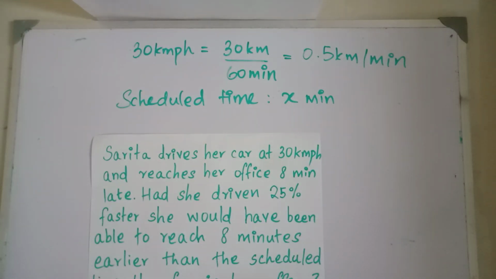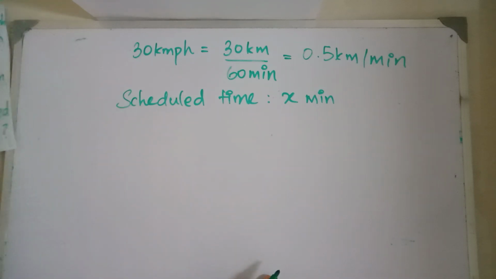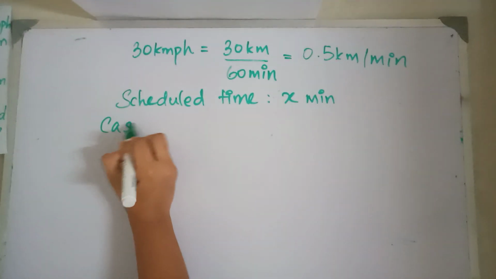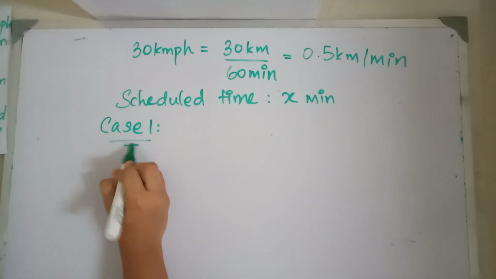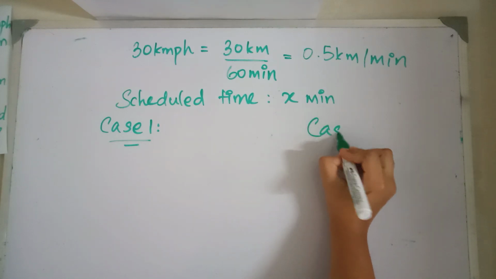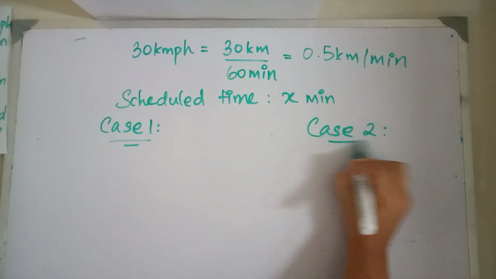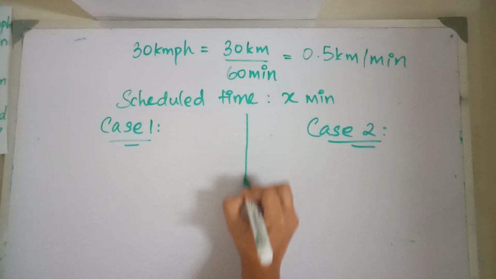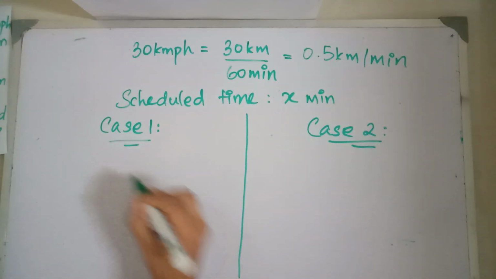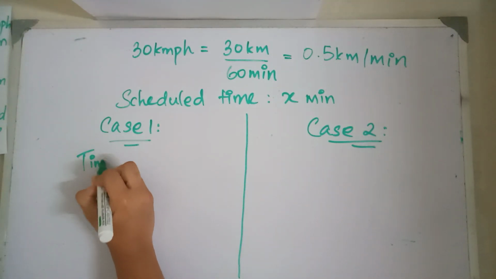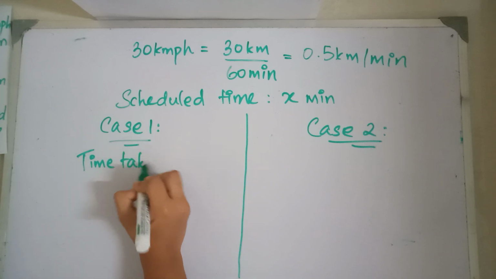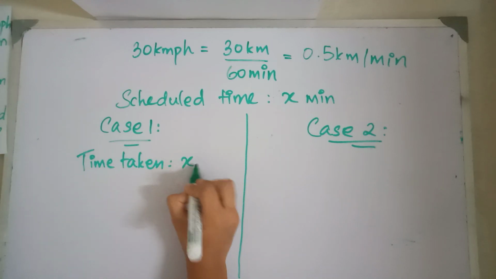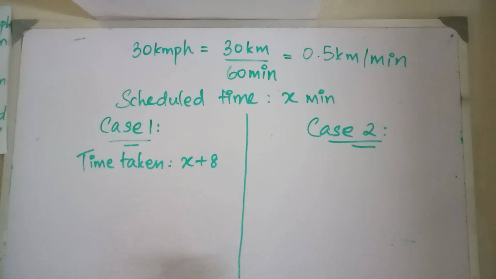Okay, now let's represent the two cases. We have case 1 where she reaches the office 8 minutes late, and case 2 where she reaches the office 8 minutes early. Now the time taken for case 1 is x plus 8 because she takes 8 extra minutes.